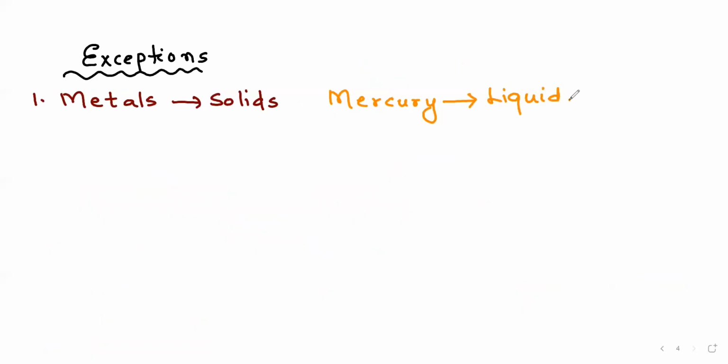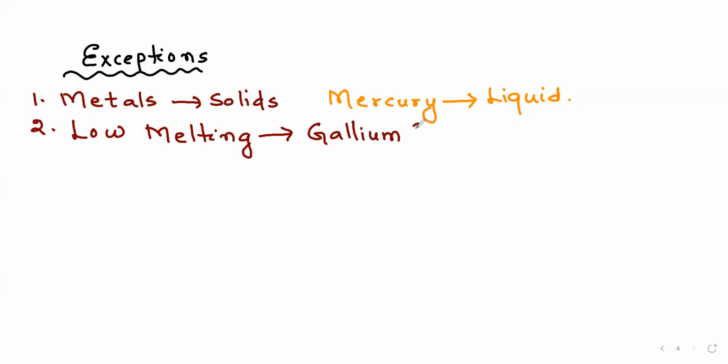Then we said about the hard nature of metals. Normally all have a very high melting point, but there are exceptions: low melting point for gallium and cesium.